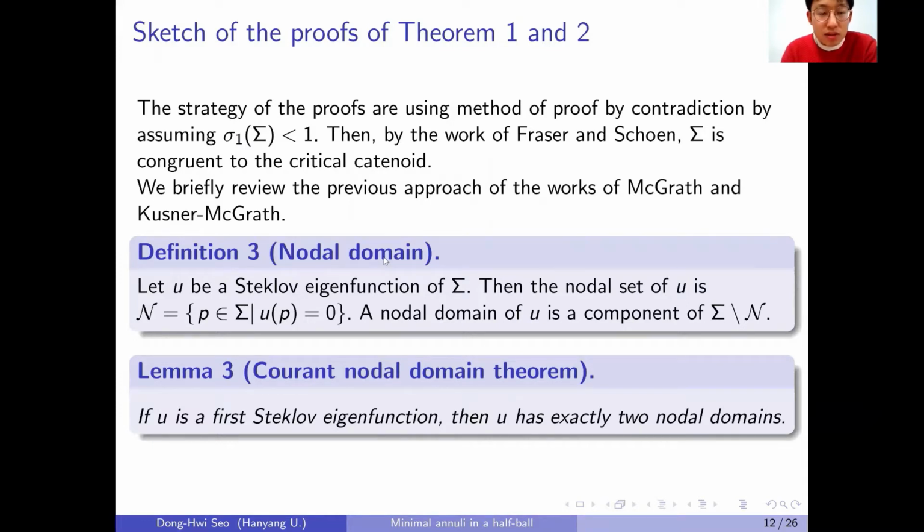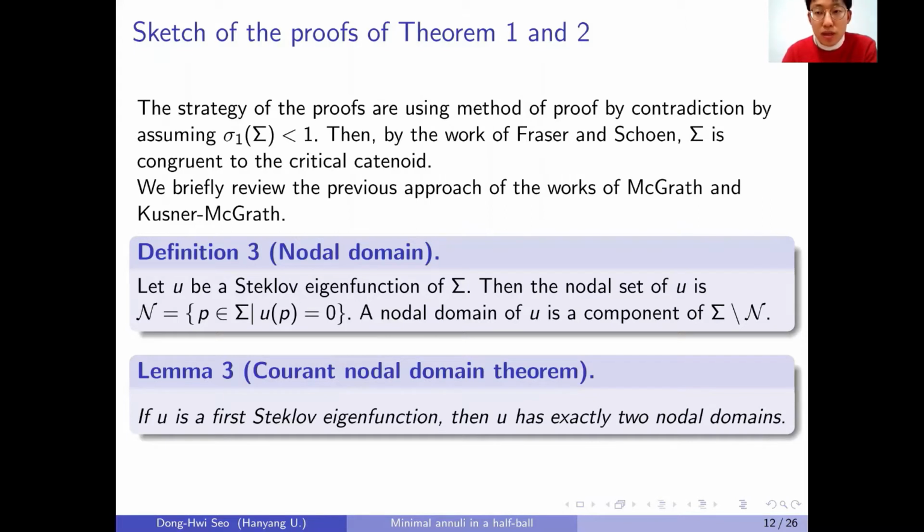To do that, first we define a nodal domain of a Steklov eigenfunction. The nodal set of a Steklov eigenfunction is the zero set of the eigenfunction, and the nodal domain of the eigenfunction is a component of the complement of the nodal set.